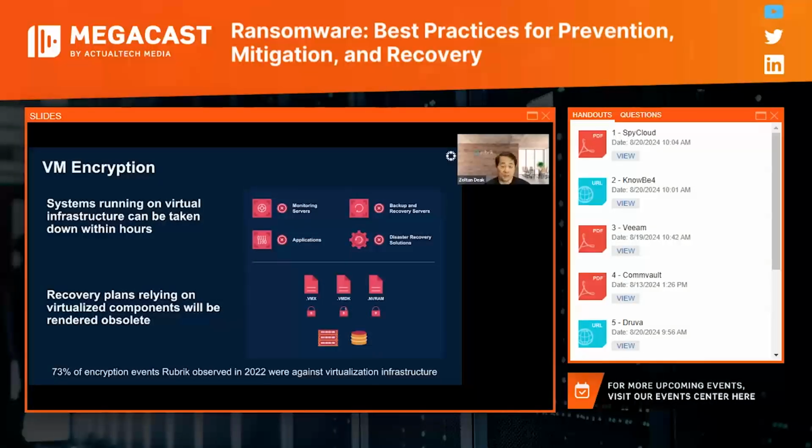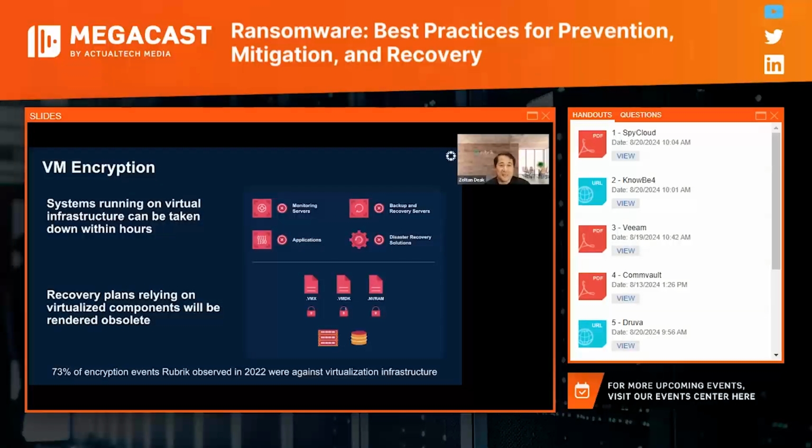According to Rubrik Zero Labs, in 2022, 73% of all ransomware affected virtualization infrastructure. So virtualization, and as such, the use of hypervisors, is a key component of IT infrastructure for businesses of all sizes. So it represents a pretty attractive target for bad actors.